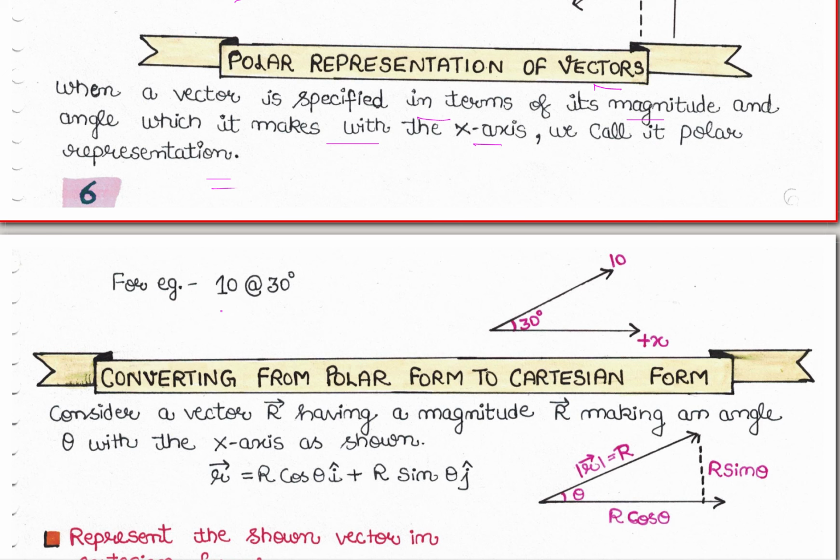Suppose a vector of 10 at an angle of 30 degree with the x-axis. So its radius, we can say r is equal to 10 and its angle is 30.